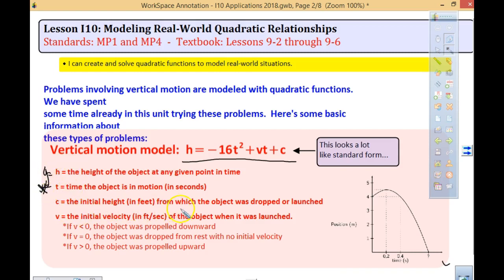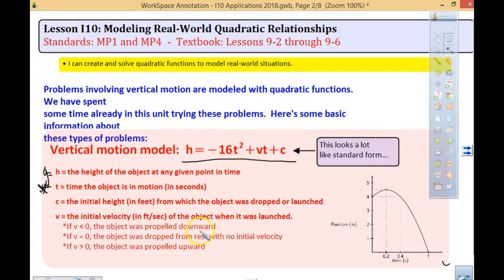C is the initial height in feet which the object was dropped from or launched. So in this case, it would be 4 because this is at time 0. This is where it started, okay? V is going to be our initial velocity, usually in feet per second, when an object is launched. If V is less than 0, that means it's going downward.